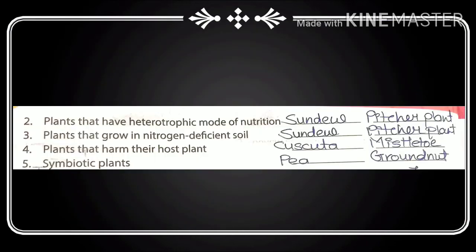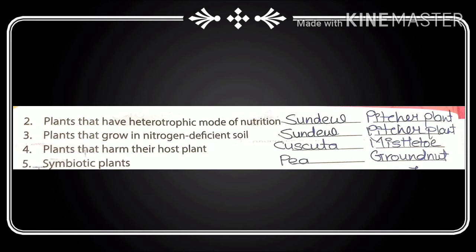Second is plants that have the heterotrophic mode of nutrition. In this one you can write an example from any of the four types of plants, that is parasitic, symbiotic, insectivorous or saprophytic. So here for example I have written sundew and pitcher plant, but you can write any example out of the four types.